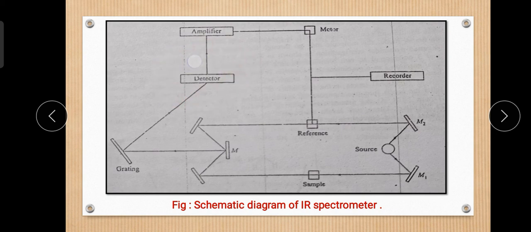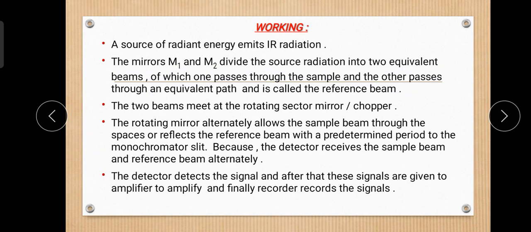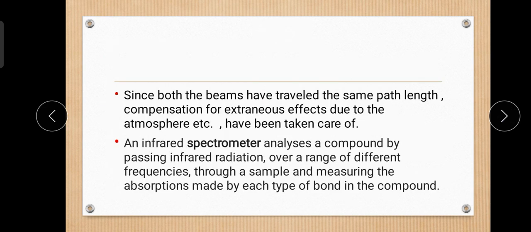After detection, the detected signal is given to the amplifier, which amplifies the signal so that we get the proper signal, and with the help of the motor assembly these signals are given to the recorder, and the recorder records the IR spectrum. In this way we get the IR spectrum with the help of the IR spectrophotometer. So this is the working and the instrumentation of the IR spectrophotometer.